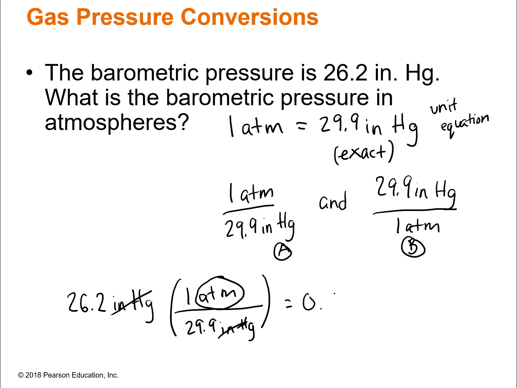That's exactly what I got. You should get 0.876 atmospheres. We're using 3 sig figs here because the information we were given in the problem has 3 sig figs. And that 29.9 inches of mercury, we're treating that as an exact number.